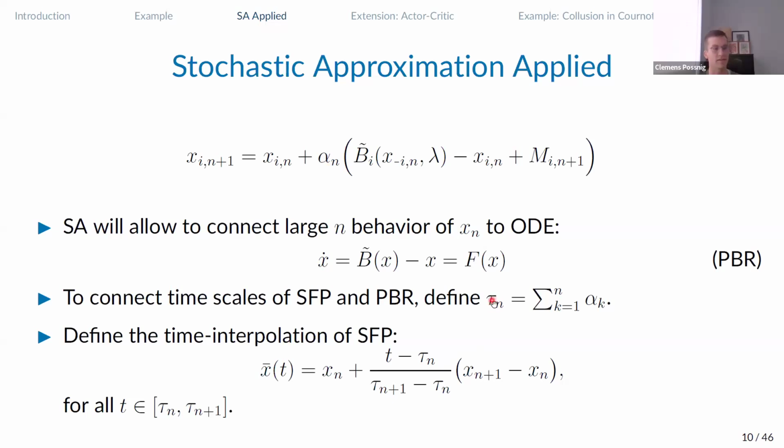So we call tau n the continuous time that has accrued after n algorithm steps. So that's just the sum over these alphas. And then we can write the linear interpolation of our empirical frequencies as x bar of t, which is just an interpolation between xn and xn plus 1, as long as t is between these tau n and tau n plus 1 terms.